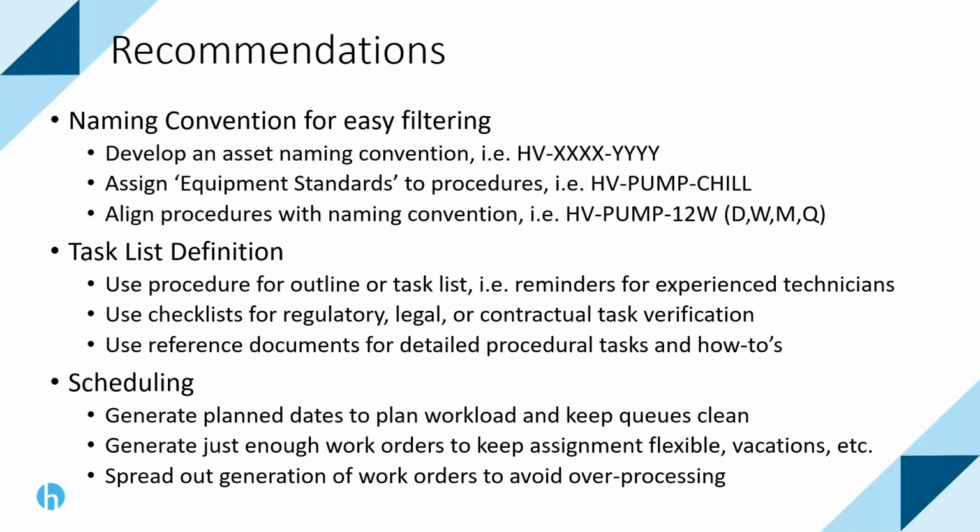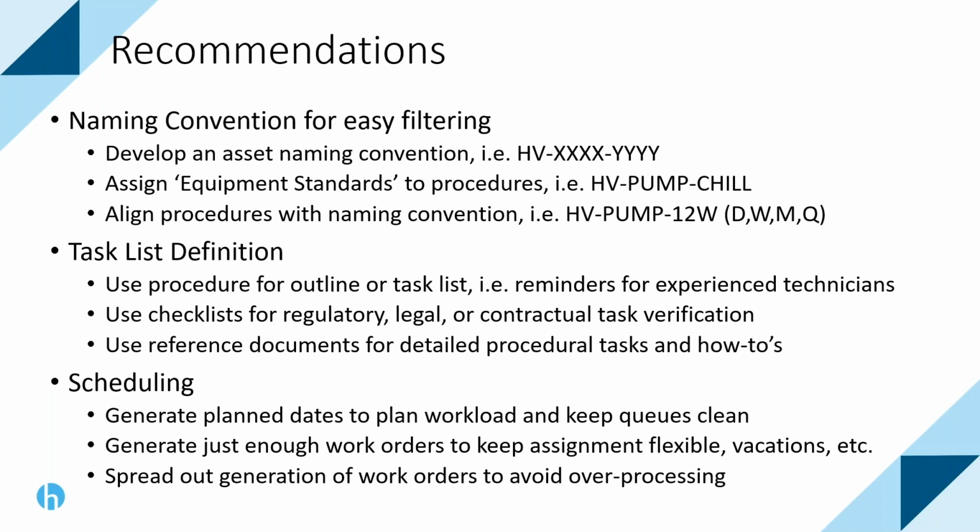Thirdly, when it comes to scheduling, you have to find some balance between scheduling 10,000 jobs at the beginning of a month or a quarter and not scheduling enough to be able to assign people work throughout the quarter and make substitutes if someone's going on vacation and so on. So you're going to have to look at your workload, your balance of jobs that you do every day, and the jobs that you assign your workers, and think about how many work orders you want to generate in advance of each person's shift.